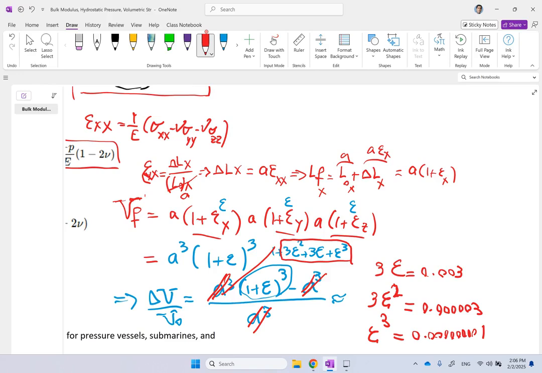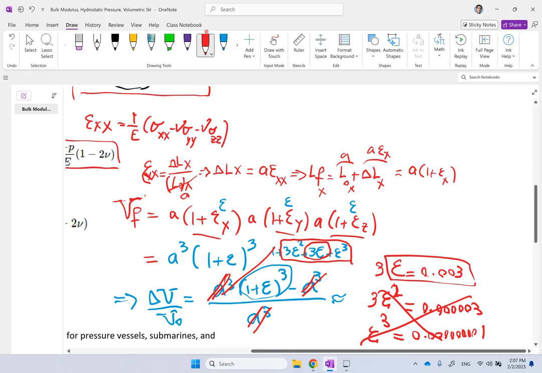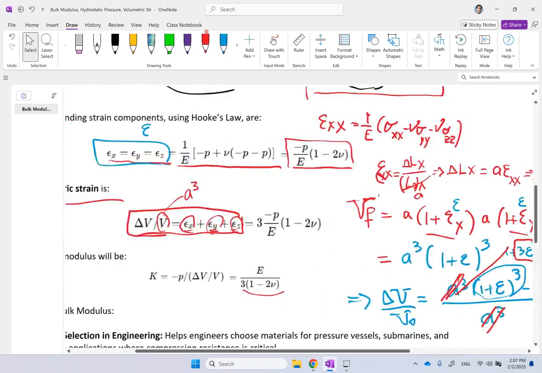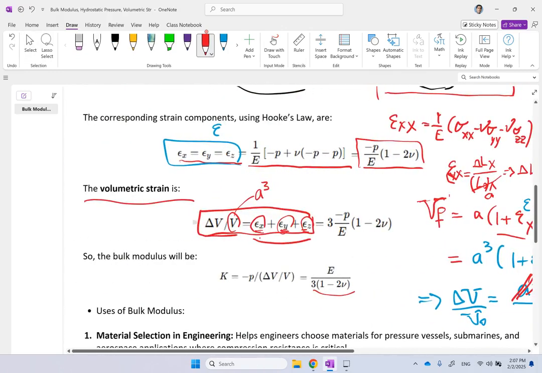So you see these two are much smaller than this, and you can ignore these higher order terms compared to the linear terms. So the only term you really have is 3 epsilon, or if you write it in terms of the original one, it is epsilon x plus epsilon y plus epsilon z, if you expand it based on the original ones. And that is exactly what you can see here.